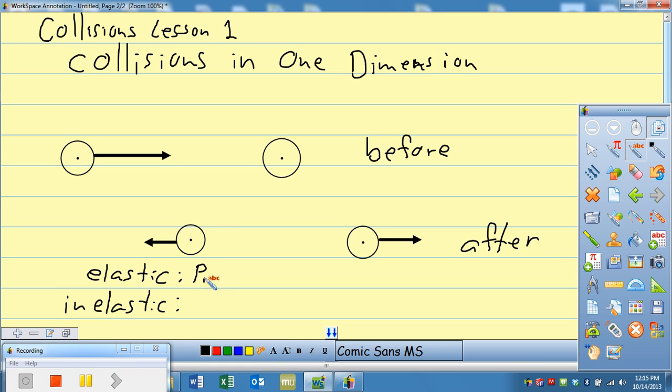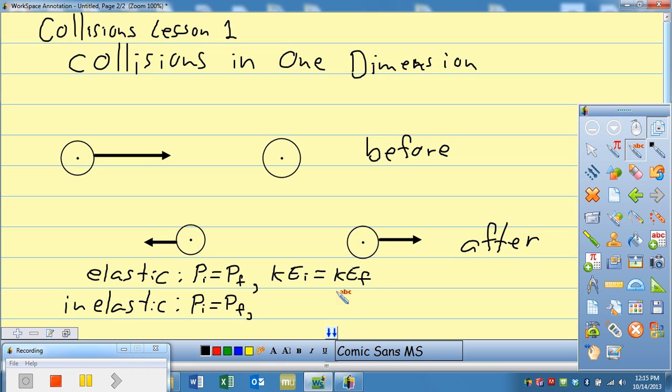So P initial equals P final in both cases. But elastic also has kinetic energy initial equals kinetic energy final.